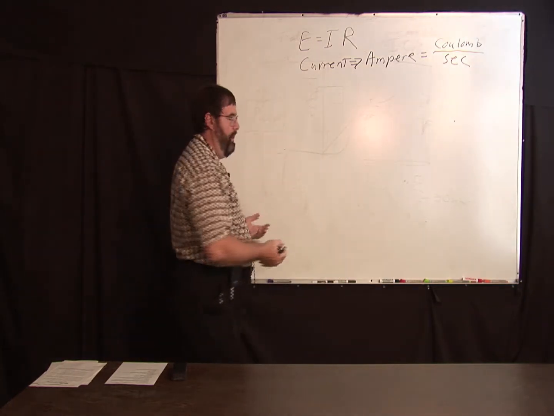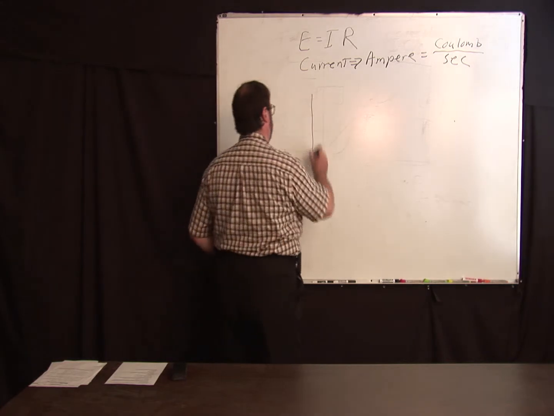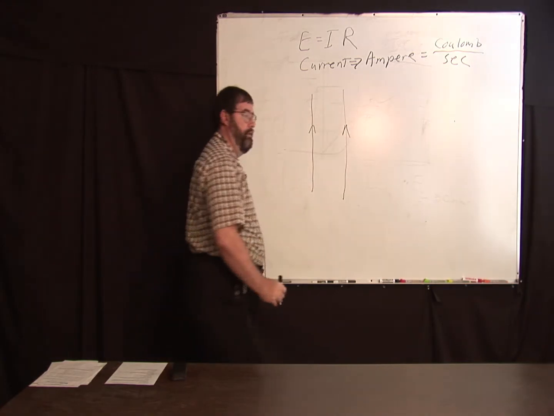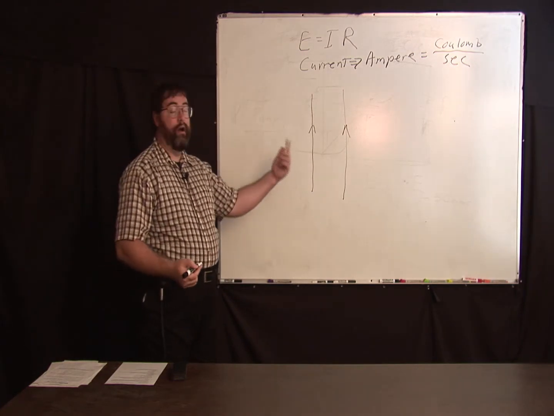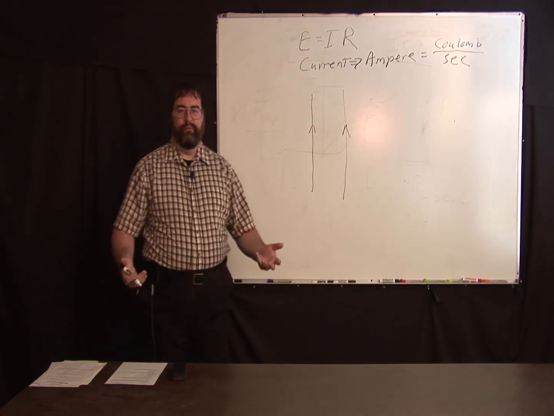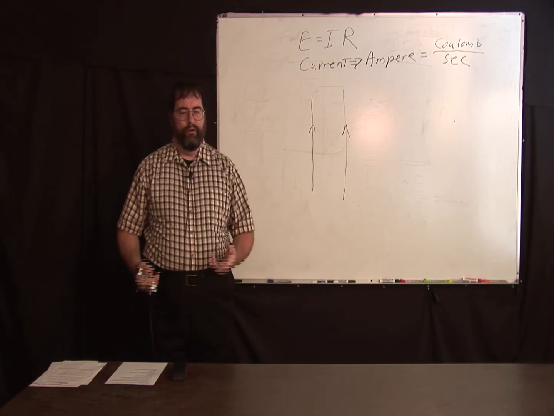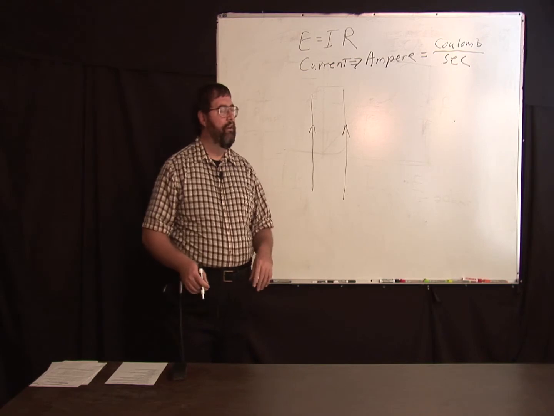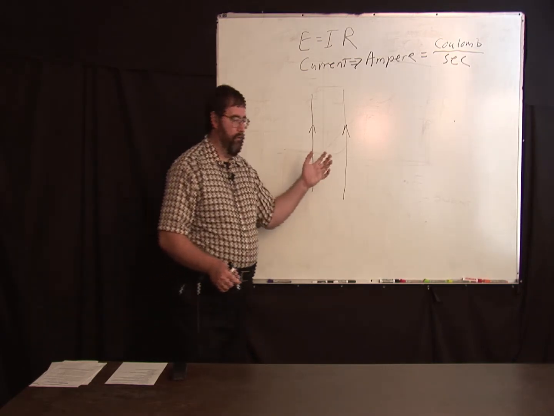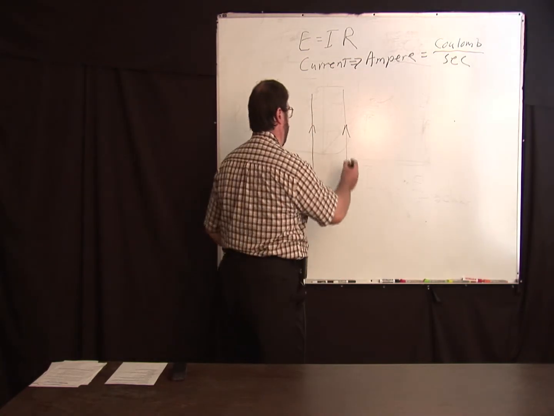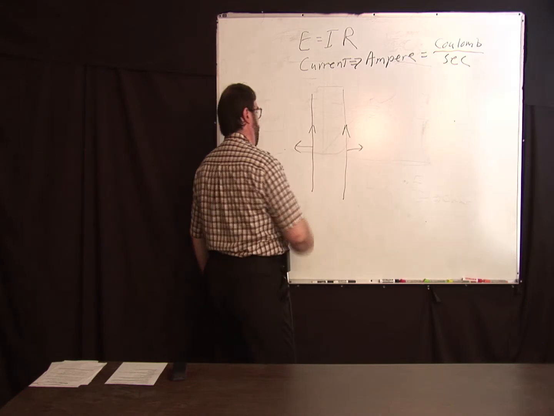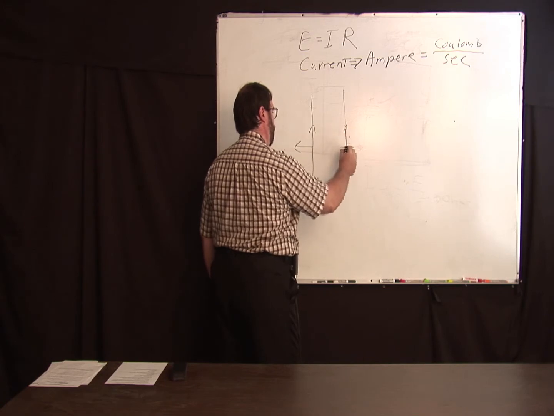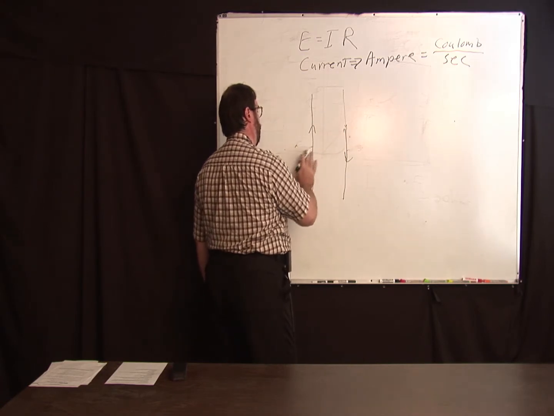The reason why is if you take two wires and you have a current going through them, it produces something called a magnetic field around the wire. You've seen this in electromagnets before, probably lifting up things like cars or paper clips. When you have current going through two parallel wires, there's a force between them, and if the current in one wire is the other way, it's an attractive force.